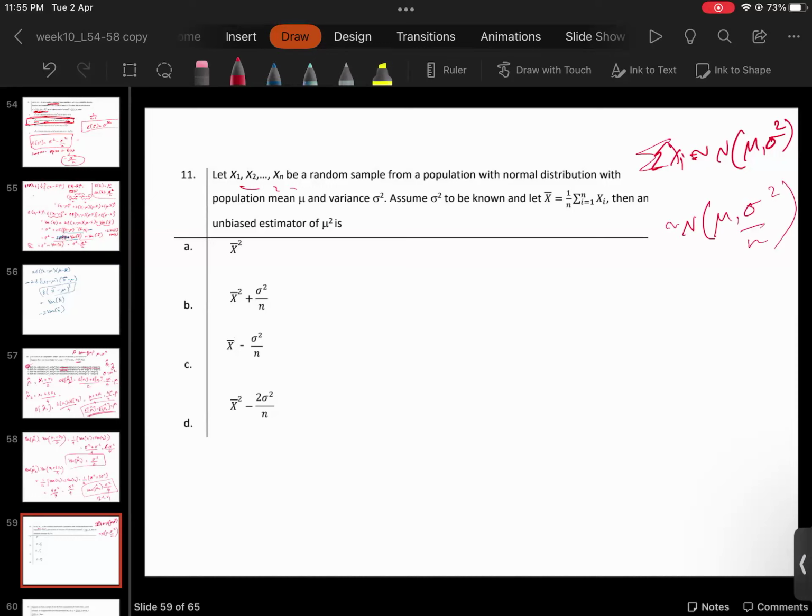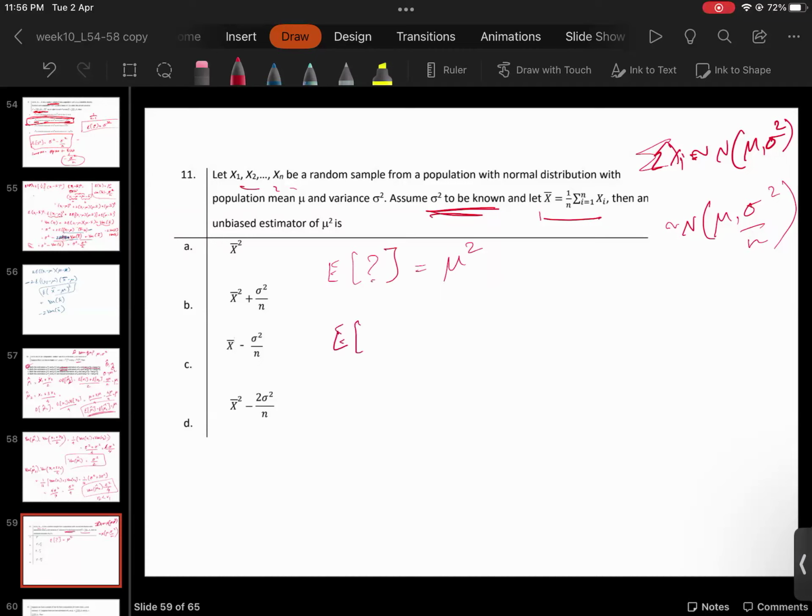Assume sigma square to be known, and let x bar be equal to this. We need to find what value will give us an unbiased estimator of mu square. So the output should be mu square, but what input?